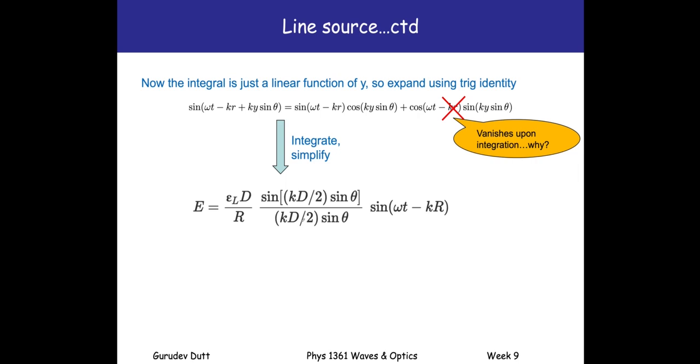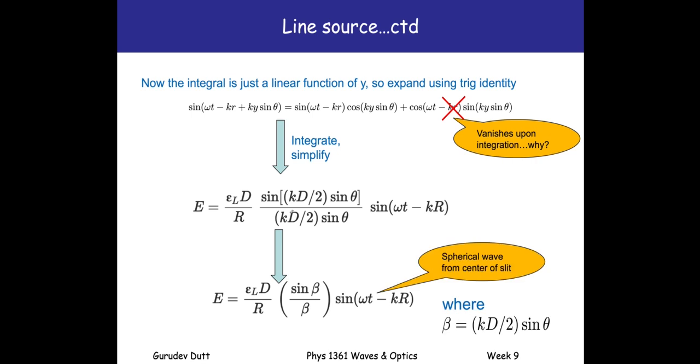But this term over here, sine of kd over 2 sine theta, divided by kd over 2 sine theta, is reminiscent of another function that we just saw, but it is slightly different. So if I rewrite it, I'll call this function sine beta over beta, where beta equals kd over 2 sine theta.